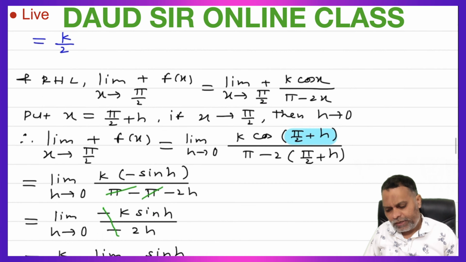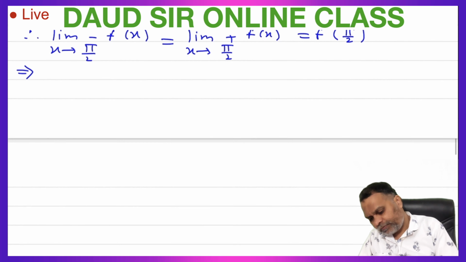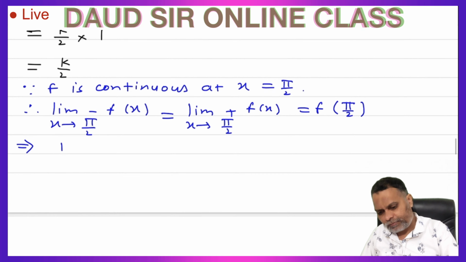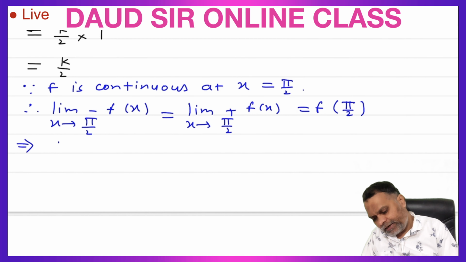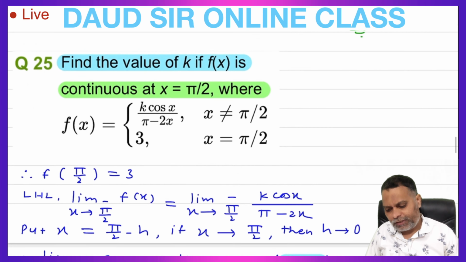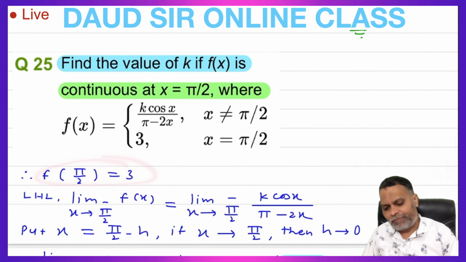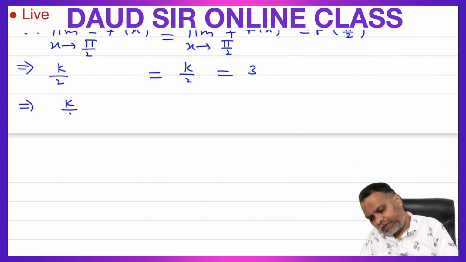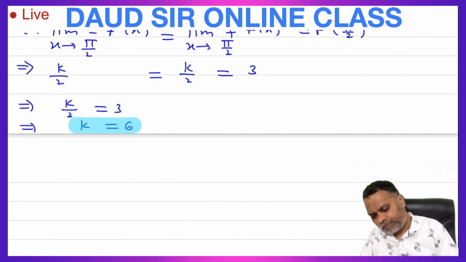Left hand limit k upon 2, right hand limit k upon 2, f of pi by 2 is 3. It was given 3. So k upon 2 is equal to 3. By cross multiplying, k is equal to 6. This is the answer.